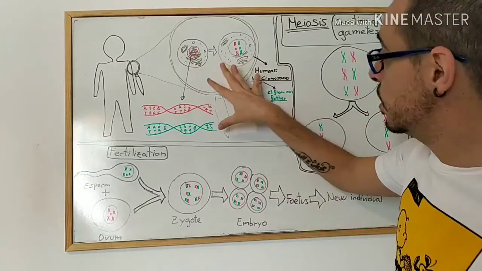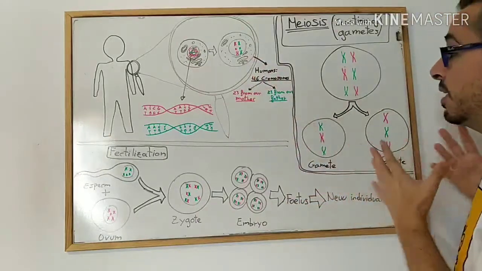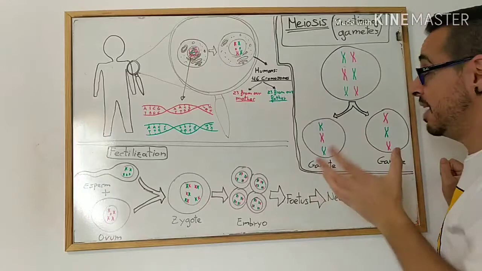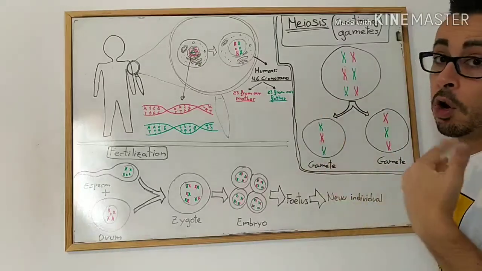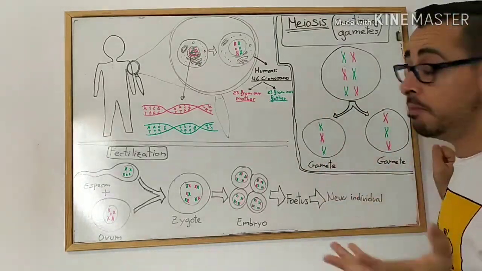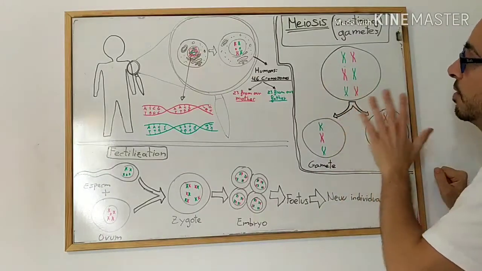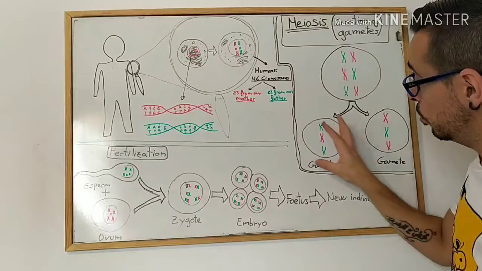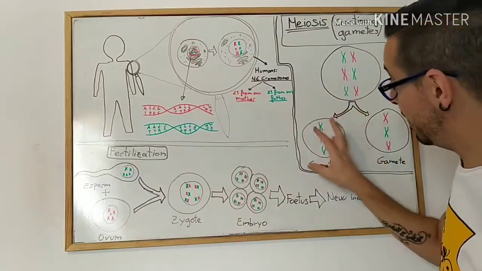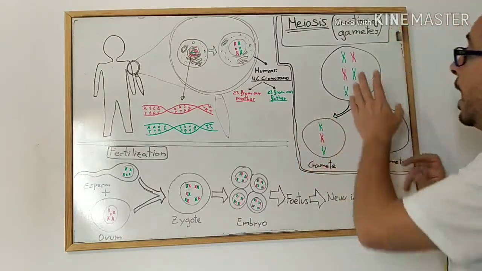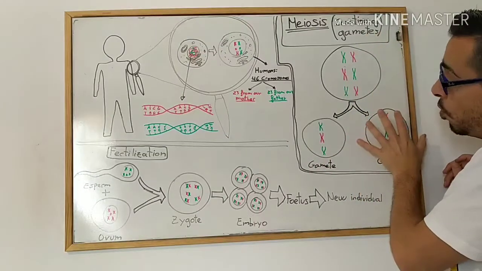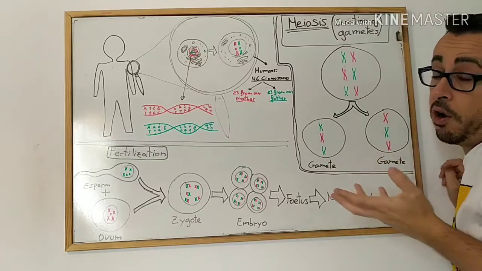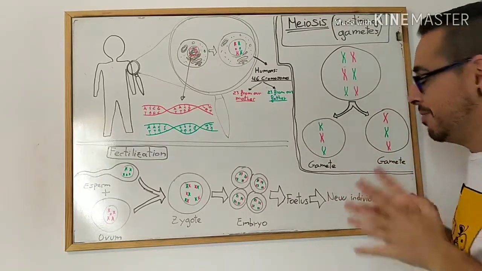So, you know that in gametogenesis, what happens? The cells that are going to form ovules or sperm are going to divide. When they divide, they take half of the chromosomes to one cell, or to one sperm, for example, and the other half to the other cell or the other ovule or sperm in this case.